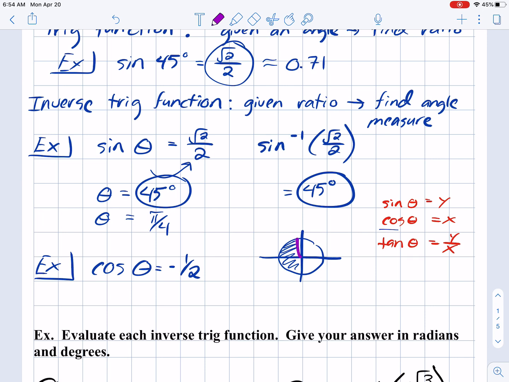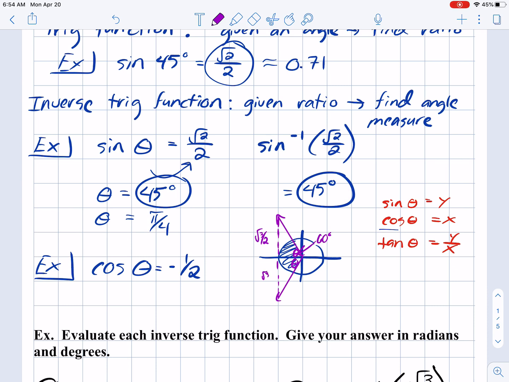If you remember, 1/2 and root 3 over 2, those both come from either a 30 or a 60 degree reference angle. So if this is my reference angle, theta, I know that this angle theta has to be 60 degrees, because the side length opposite of 60 degrees is root 3 over 2.